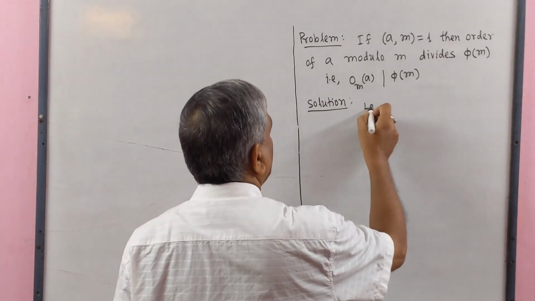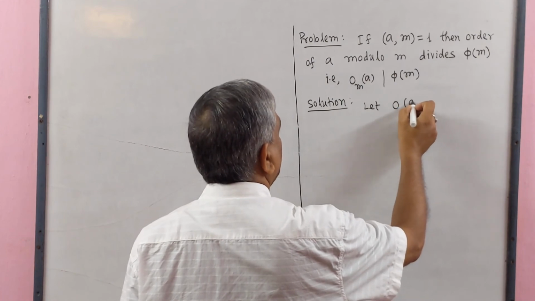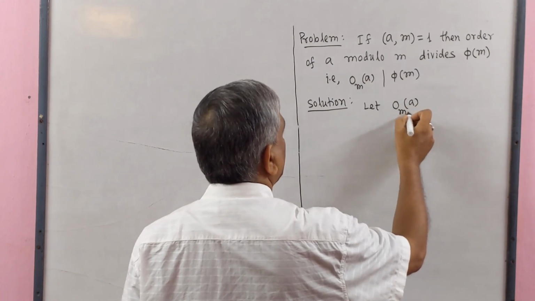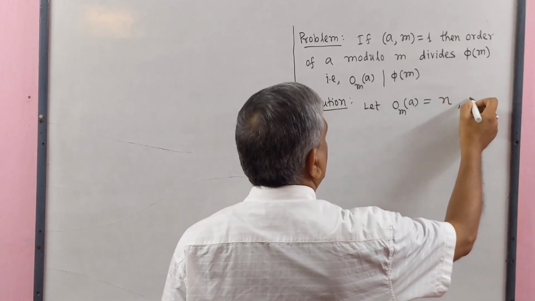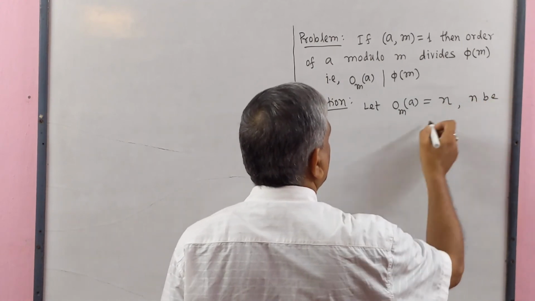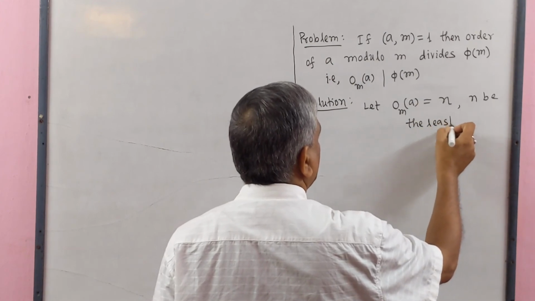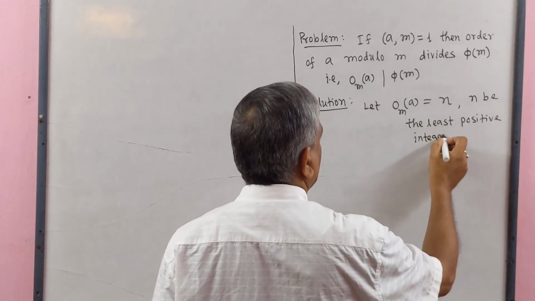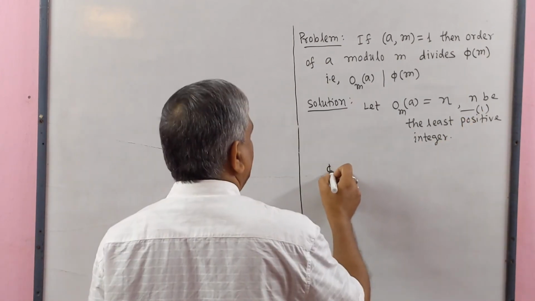Let order of A modulo M equal to N, N be the least positive integer. This is number 1.